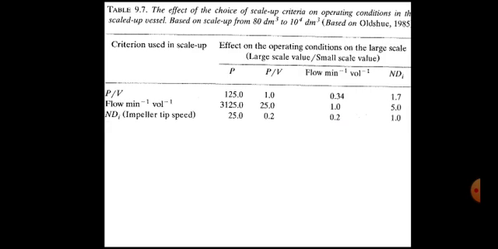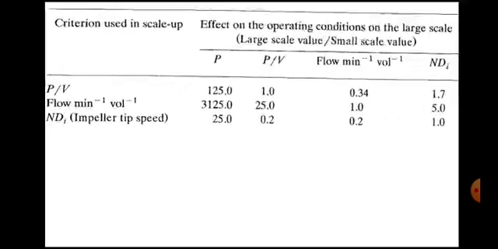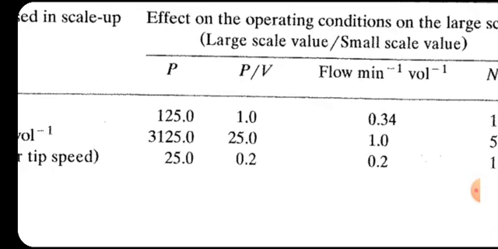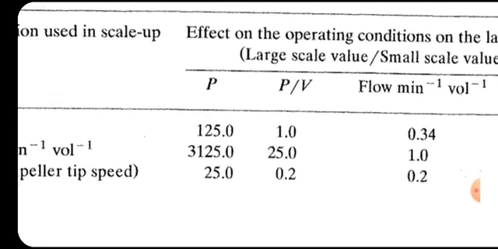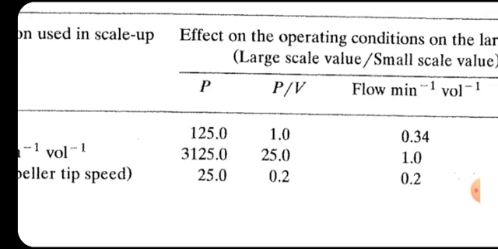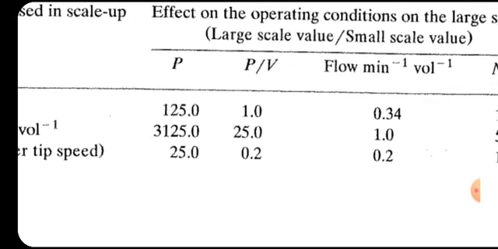These values are large scale values divided by small scale values. So if you concentrate on this second subcolumn, that is P by V, the value of P by V in the first row is 1. This means that the power consumption per unit volume values are the same on small scale as well as on large scale. Therefore, the ratio is 1.